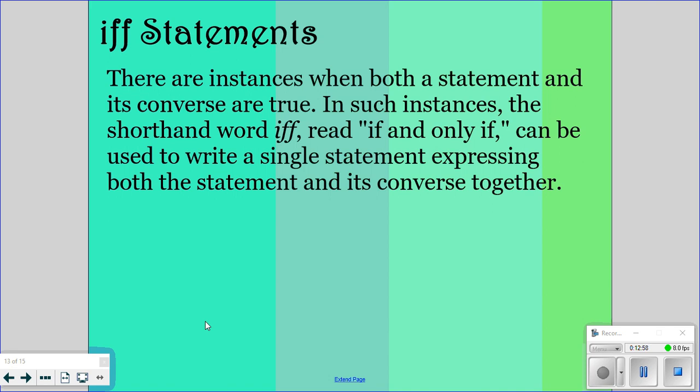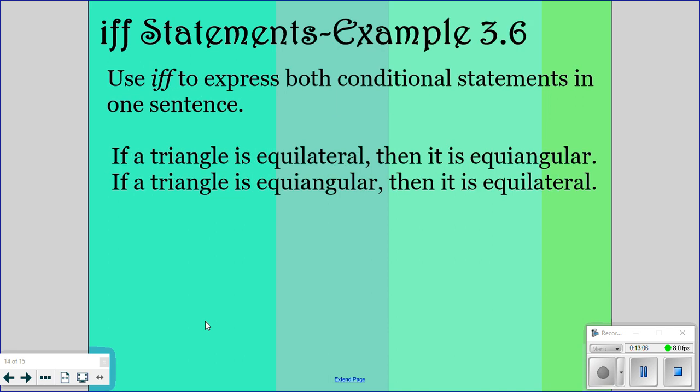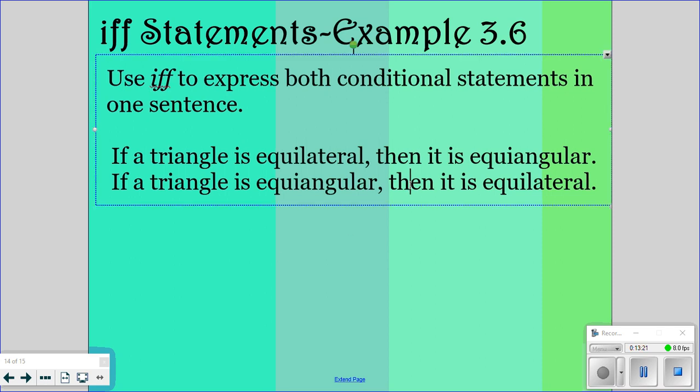You can put your converse and your original statement together. You can write them into one single sentence instead of having two separate ones. So looking here, if a triangle is equilateral, then it is equiangular. That is a true statement. The converse, if a triangle is equiangular, then it is equilateral. That is also a true statement.